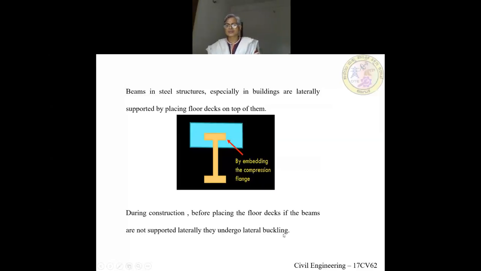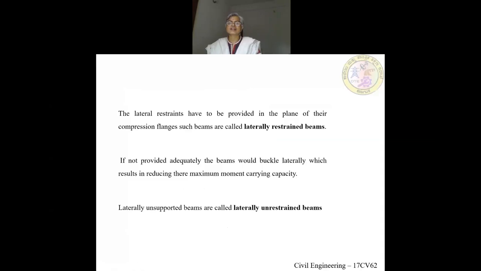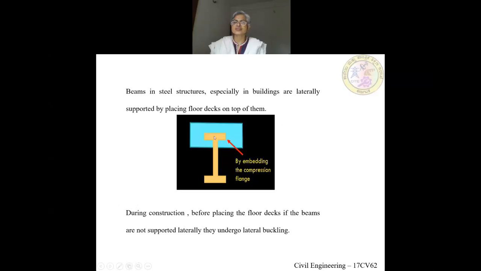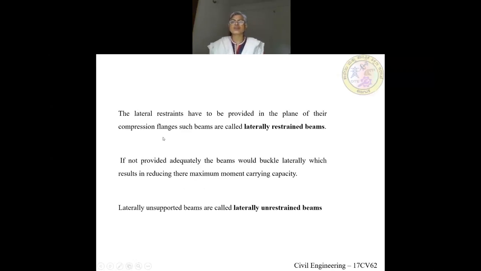The lateral restraints have to be provided in the plane of their compression flanges, in the same plane, in order to avoid lateral buckling. Such beams are called laterally restrained beams or laterally supported beams. Both are the same. Here they are supported.